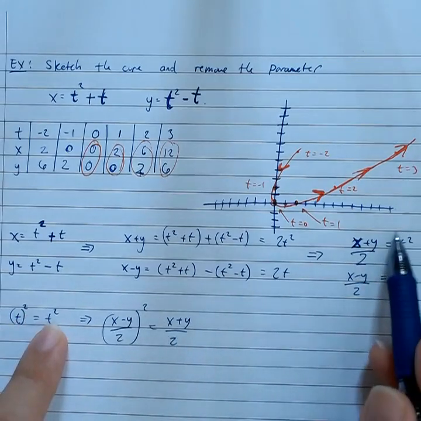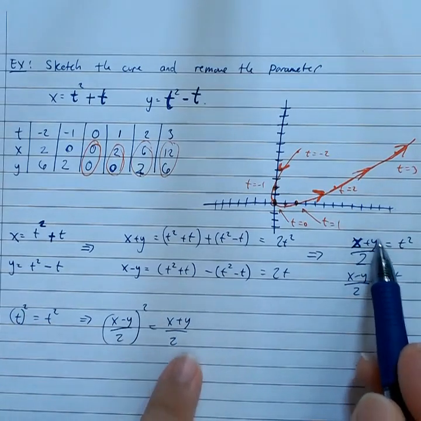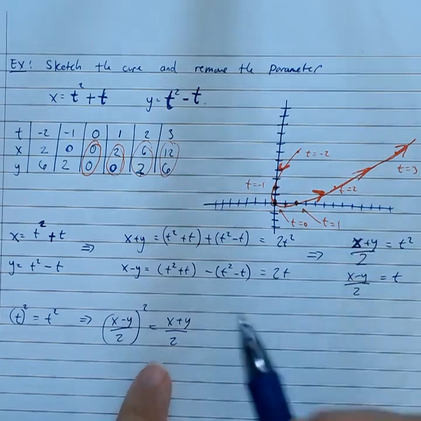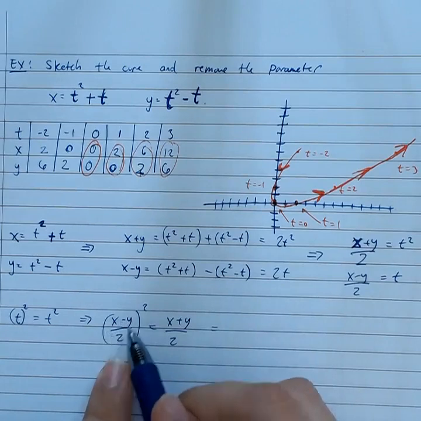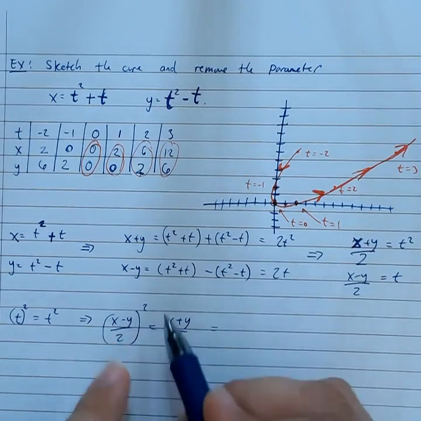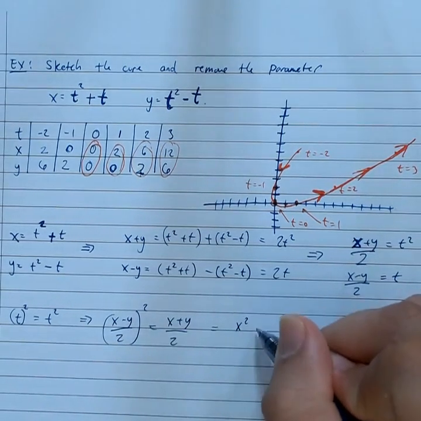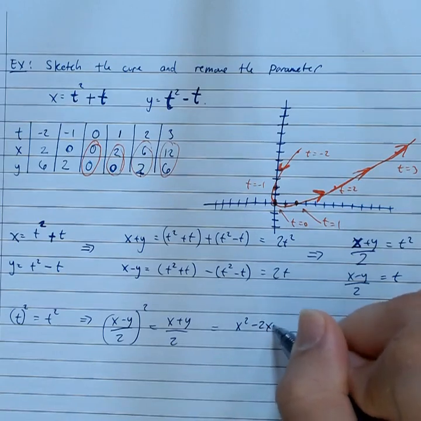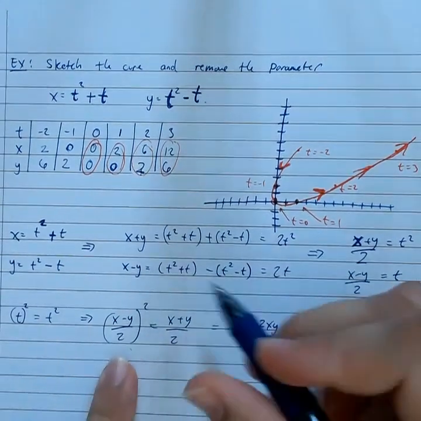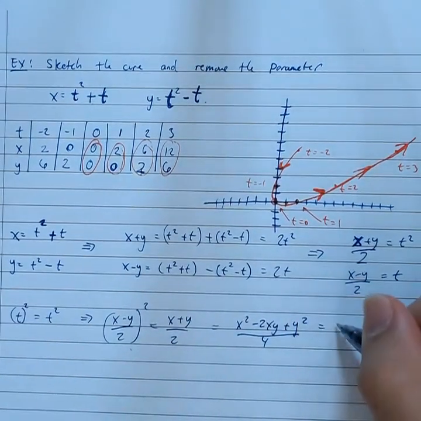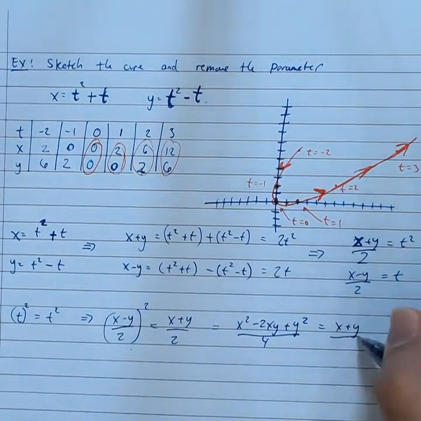Oh, but now this is nice. I can go ahead and square everything out over here. x minus y squared is x squared minus 2xy plus y squared, over 2 squared, which is 4, equals x plus y over 2.